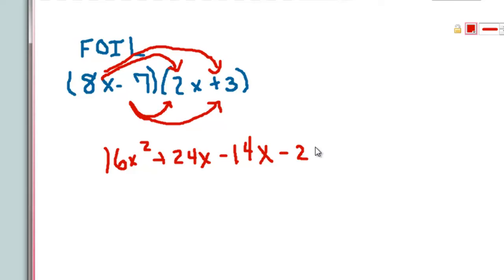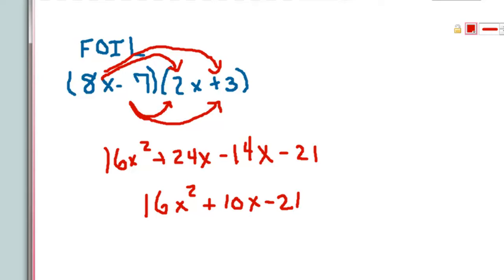Let's verify real quick one more time. 8 times 2, 16. 8 times 3, 24. 7 times 2, 14. 7 times 3, 21. And we just have to simplify the middle to get 16x squared, and those middle two combine to be plus 10x minus 21.